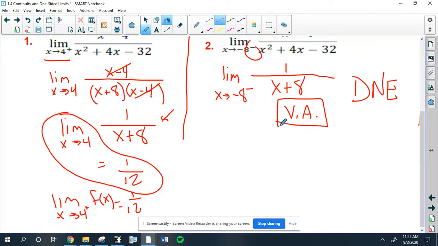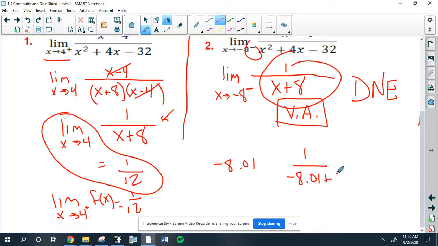The way to figure out positive or negative infinity is just do this. Since we're approaching -8 from the left, you can just plug in something close to -8 on the left, like -8.01. If you plug it into this function, you can see that this is going to be 1 over -0.01, which is negative.